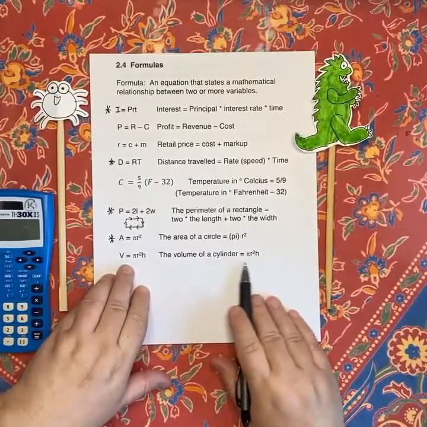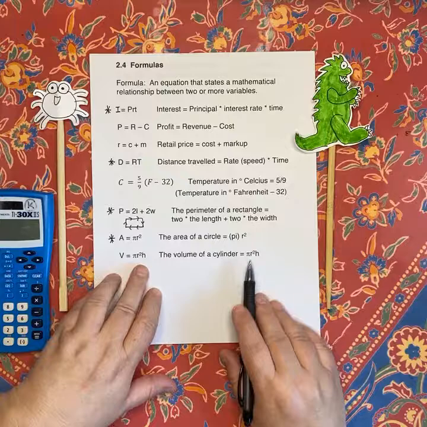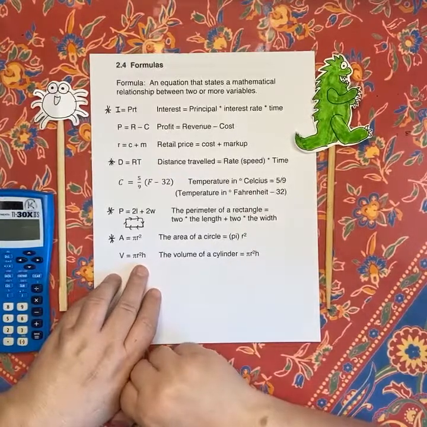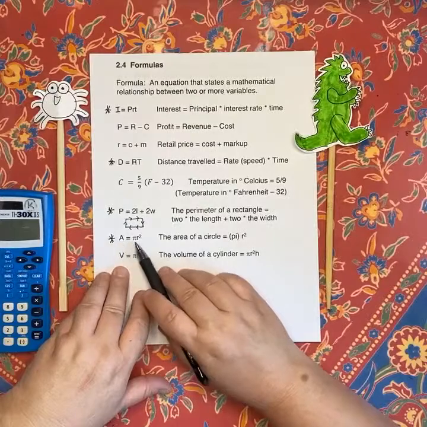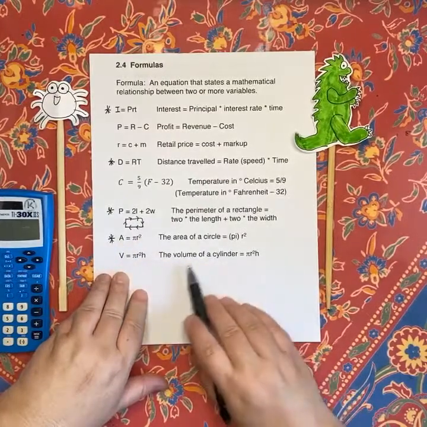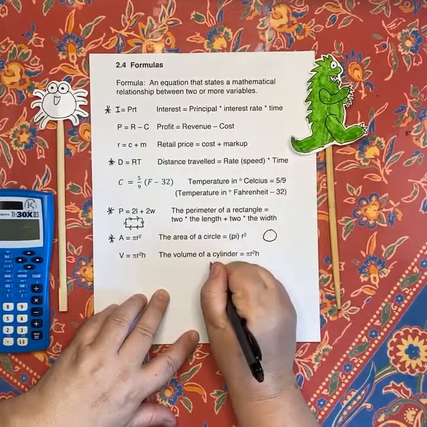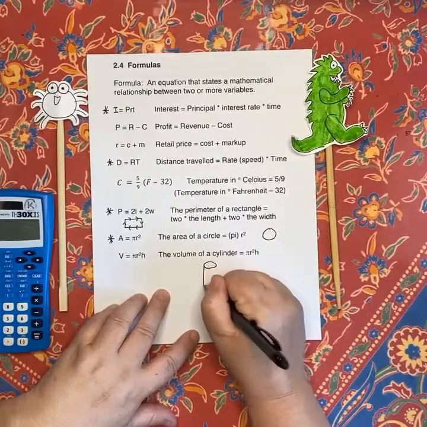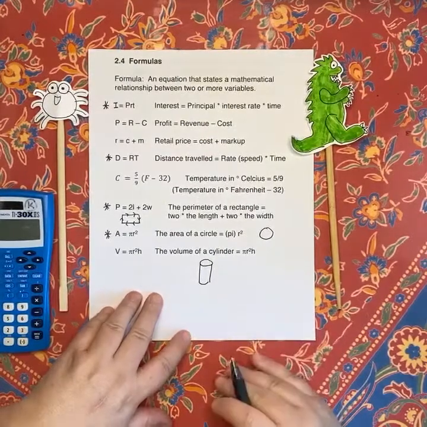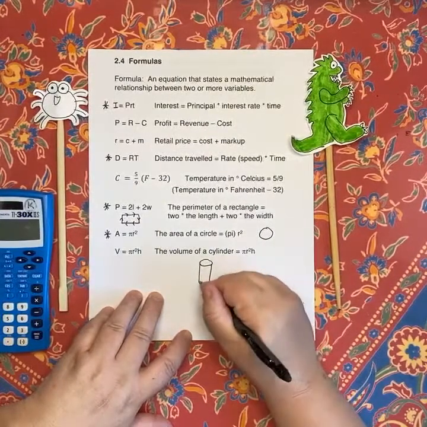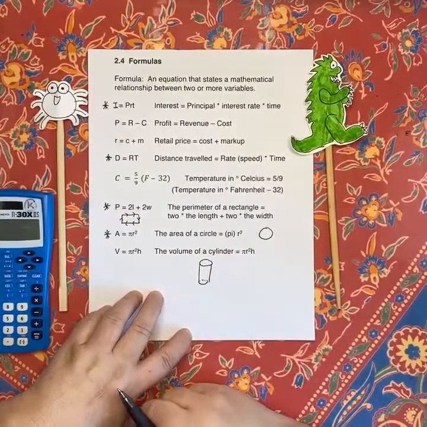This one, I don't think needs to be memorized now, the volume of a cylinder. I just wanted to point out we can compare formulas. We can take a look at these two formulas and go, wait, the area of a circle is pi r squared. The volume of a cylinder, so this is a circle, and then this is a cylinder, which is basically, I always think of, it's kind of a silly thing to say, oh, that's beautiful, isn't it? Yeah, you can tell I almost went to art school. I think of it as a tall circle.